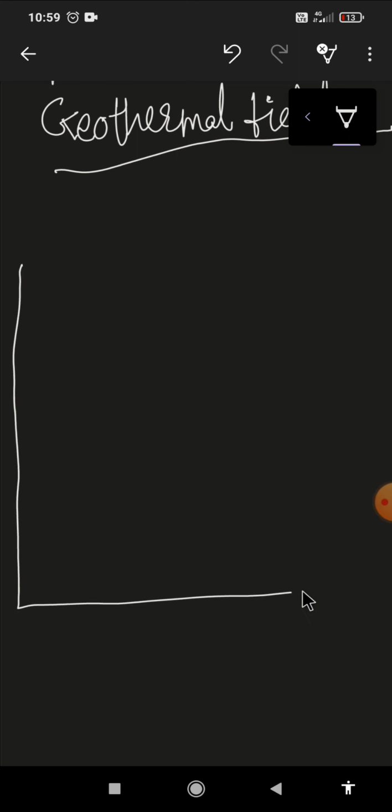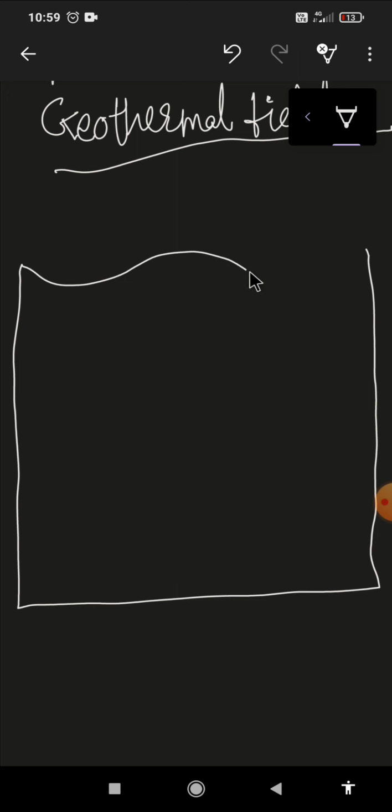So a typical geothermal field I will draw. Suppose this is hot magma.